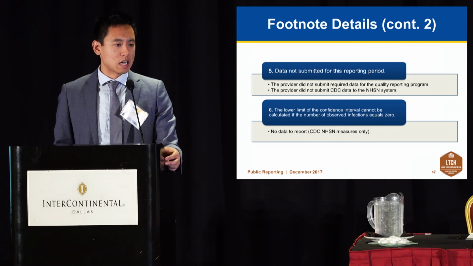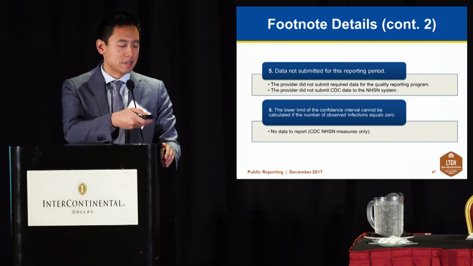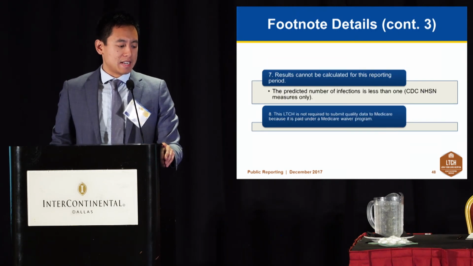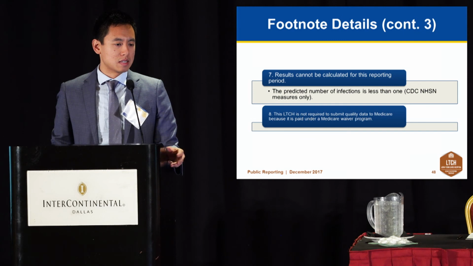So your CAUTI, CLABSI, MRSA, CDI measure has this footnote if it is applicable. And then 7, results cannot be calculated for this reporting period, because the predicted number of infections is less than 1. Same 4 CDC measures: CAUTI, CLABSI, CDI, and MRSA.